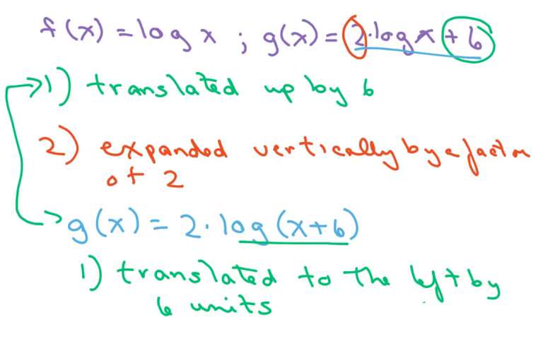Okay, so you have to be careful with the logs. If it doesn't have parentheses, it's a shift up and down, and if it has parentheses here, that's going to be a horizontal shift left and right.